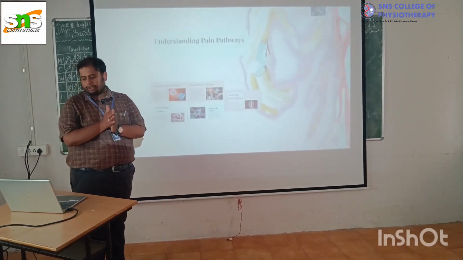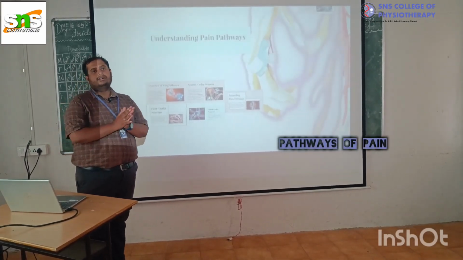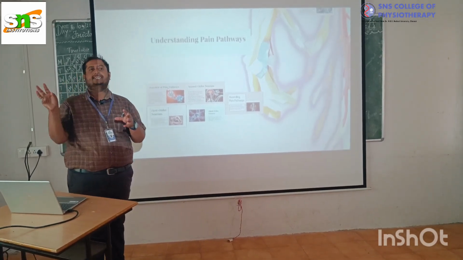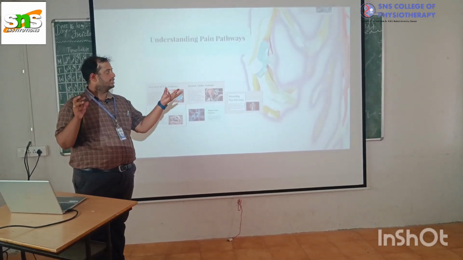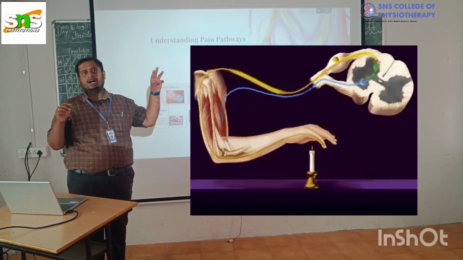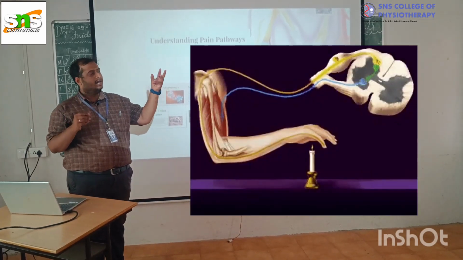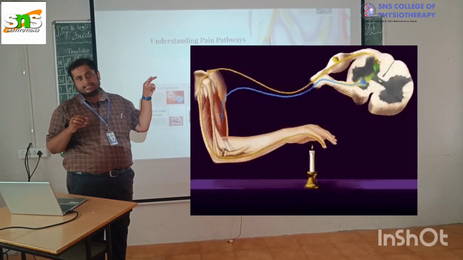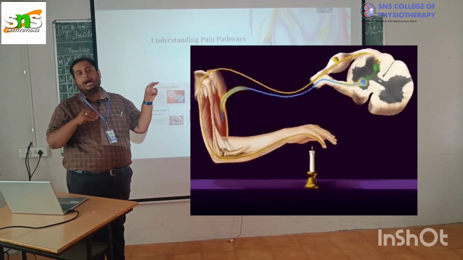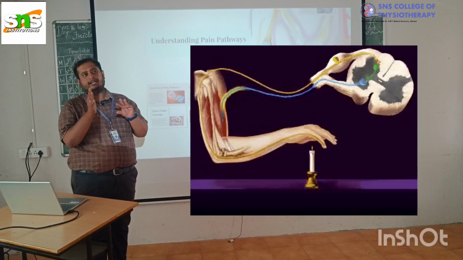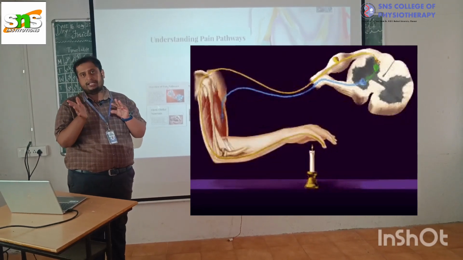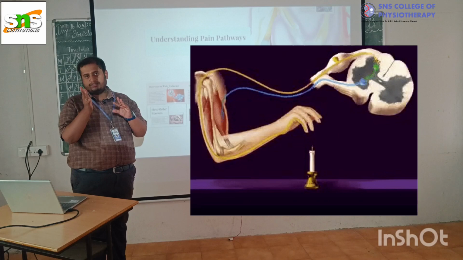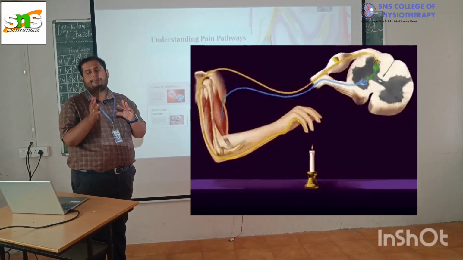Next we are going to see the pathways of pain. First we see that there is a reflex arc. In this picture you will see the reflex arc. First it starts from the organ, which is the starting point of the pain, and it travels through the afferent nerves through the spinal cord of the vertebra.